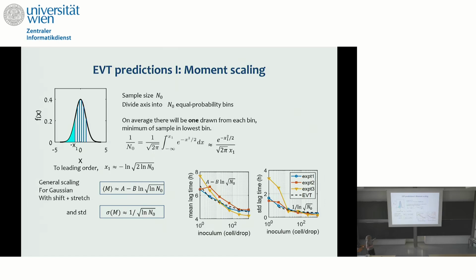And for the family of distributions to which our parent distribution belongs, which is lognormal, actually it's the same universality class as the Gaussian, that is a square root of the logarithm. So over here is basically the average and the standard deviation. It's a linear function of the square root of the log of the sample size. All right, this is a first prediction.